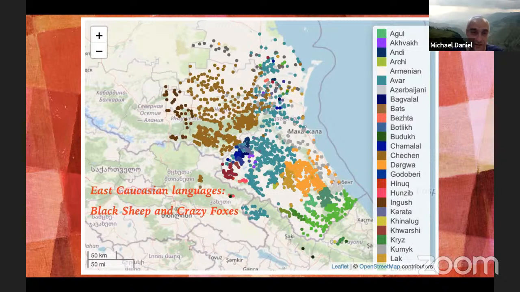They are in contact with the Andic languages in the north of Dagestan, but they lie outside the main body of the stretch of the family.